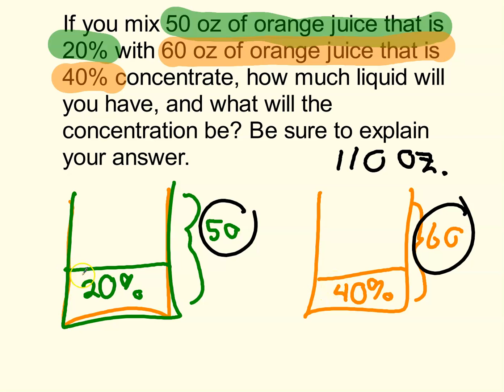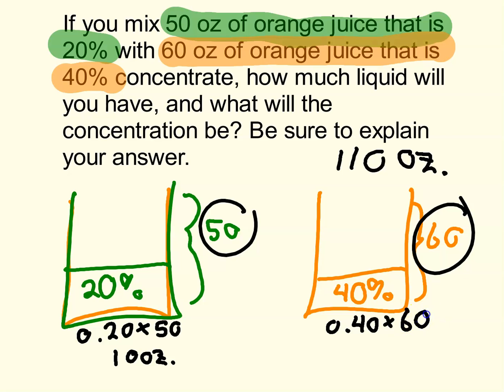So in here, 20% of this 50 ounces, let's figure out what 20% is of 50. That is going to be 10 ounces, just 10 ounces of concentrate. Over here, 40% of 60, how much is that going to be?